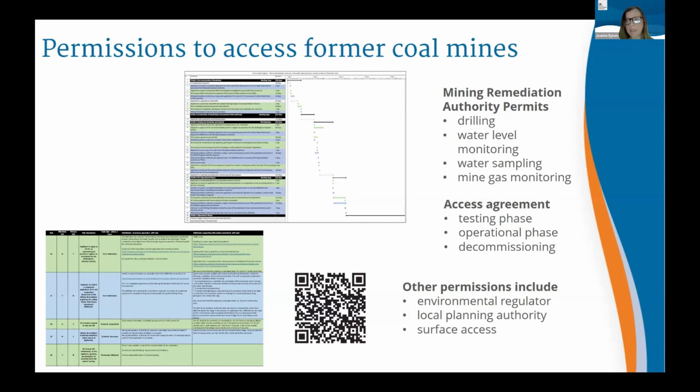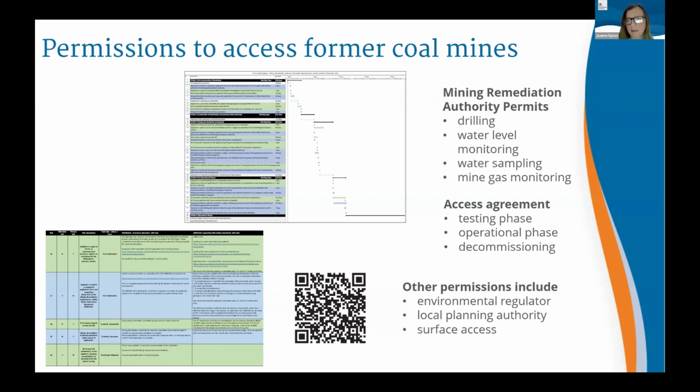Picking up on something said in the last presentation, the permit stage enables the drilling of exploratory boreholes, and we refer to the permitting stage as the exploratory phase, without the requirement to enter into an access agreement. The permissions are aligned to those required for generally drilling a borehole for other purposes, but with specific details for the scheme proposals.